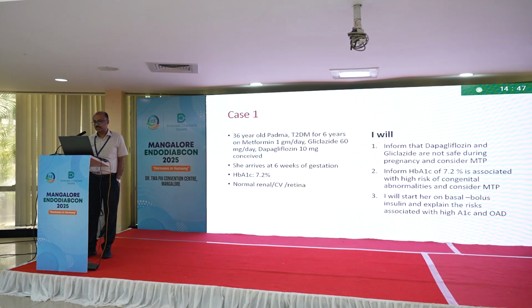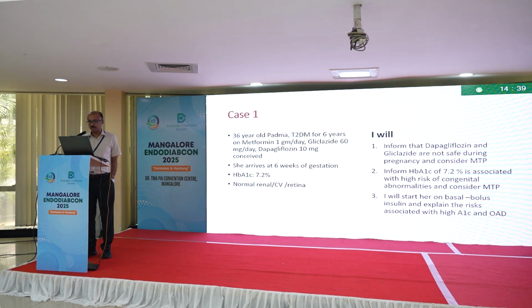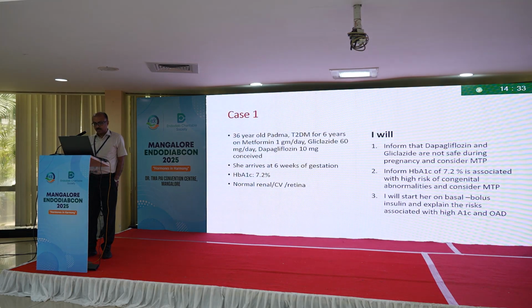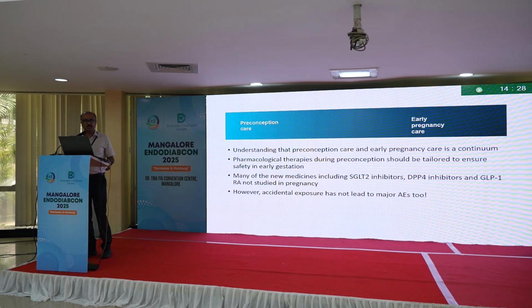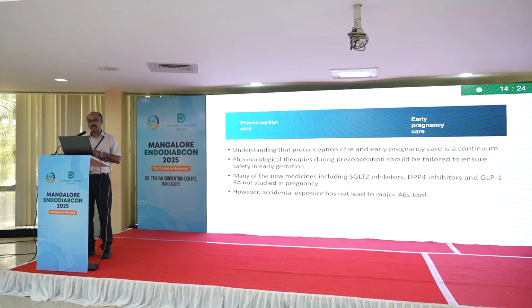Or will you inform her that the A1C is 7.2%, there is a high risk of congenital malformation, and consider MTP? Or will you start her on basal bolus insulin and explain the risks associated with high A1C and OADs? I am not going to answer the question now, but just to take you through this, preconception care and early pregnancy care is actually a continuum.